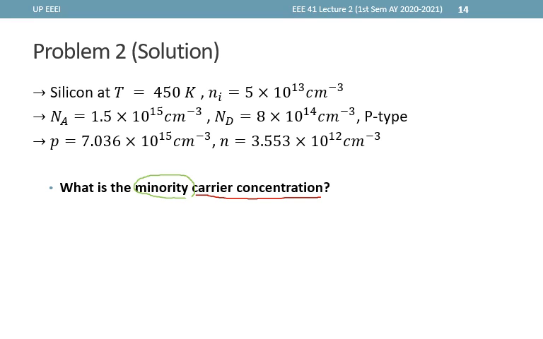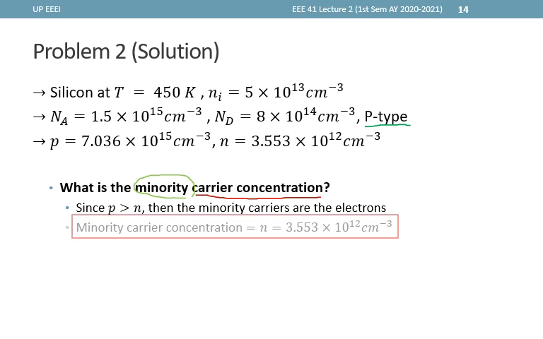So for a p-type material, since we have already established that this one is a p-type material, the minority carriers are the electrons, and we'll just need to answer that the minority carrier concentration is N, and we already have that value, 3.553 times 10 to the 12 per cubic centimeter.